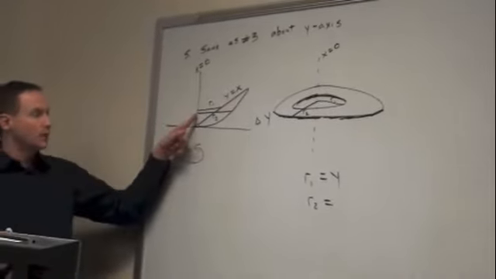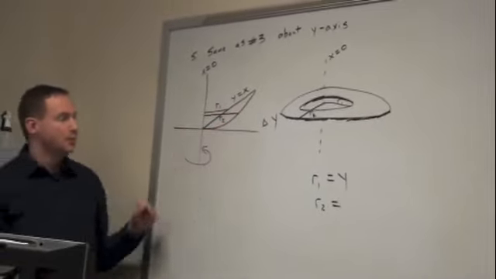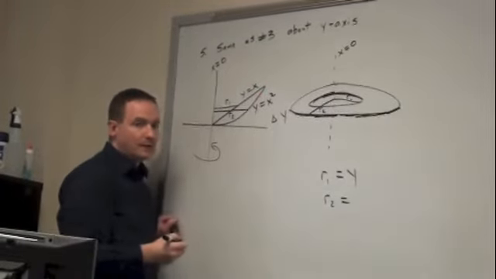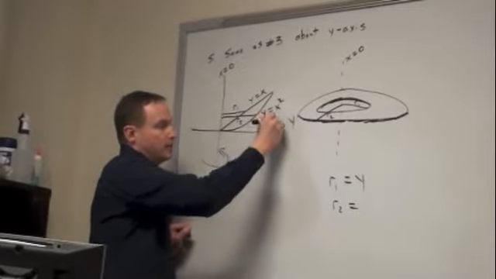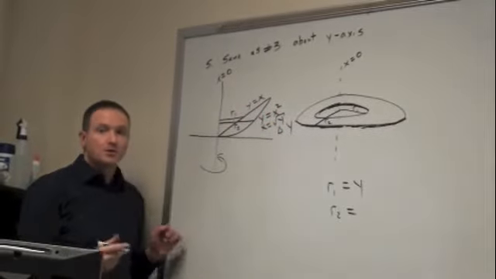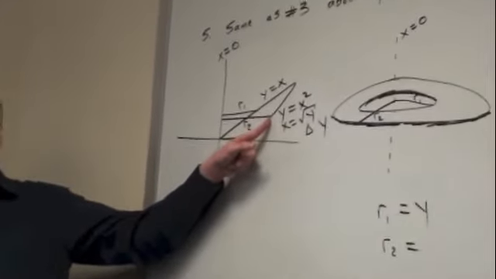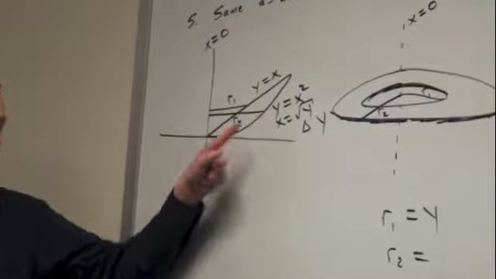X equals 0 till x equals what? You cannot use what I called y equals x squared up there. That doesn't work. Solve it for x. X is equal to the square root of y. So you say the length of this radius is from x equals 0 till x equals the square root of y.